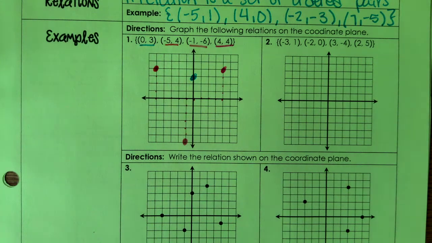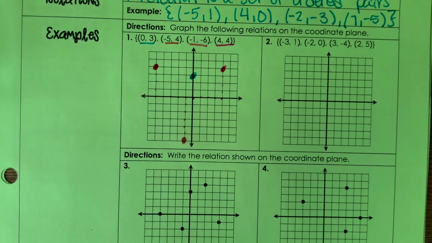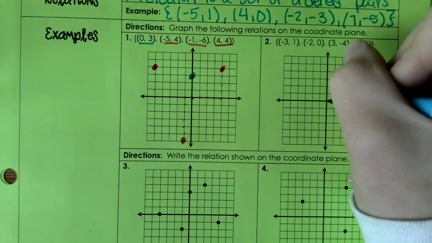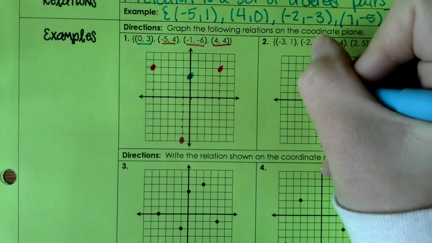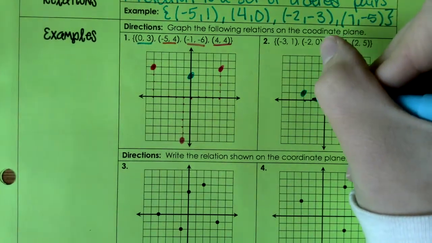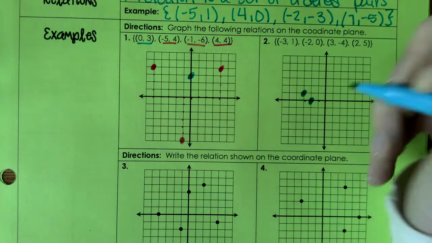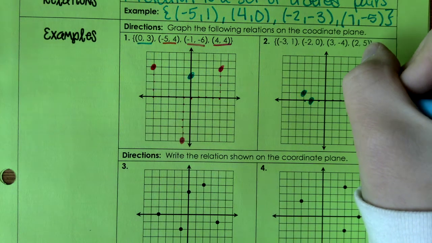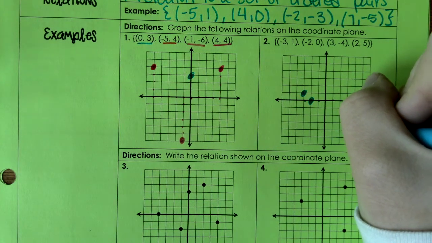Okay? Now that you've gone ahead and paused the video, now you're resuming it to check your answers. Your relation should look like this. So (-3, 3): 1, 2, 3, up 1. There's your first point. (-2, 0) is your second point. (3, -4): 1, 2, 3, 4.